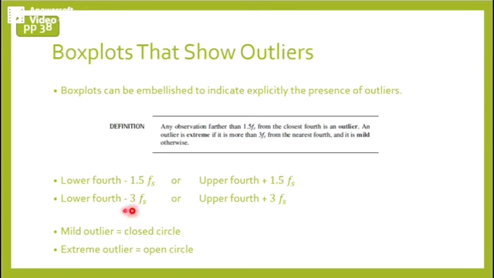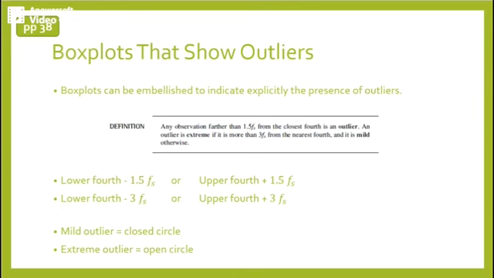It's either this value or the maximum value, depending on which one is smaller. If the maximum value is smaller than these bounds, then there are no outliers on the upper side of the data. The same with the minimum: if these values are smaller than the minimum, then there are no outliers on the lower side of the data set.